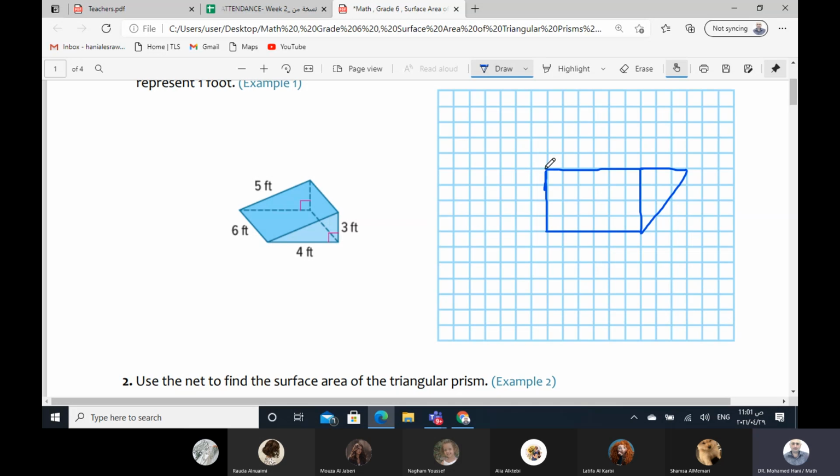Also here 4 and here 3. Then here we have the back side, 3 and 6. Here we have 6. So draw up 3.